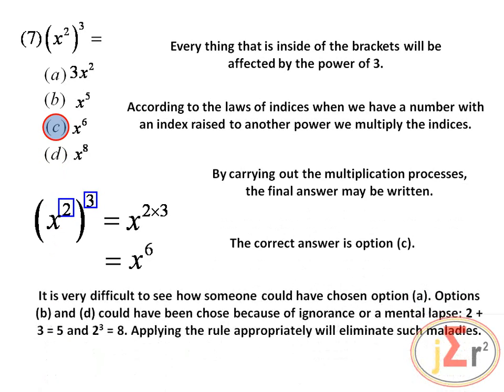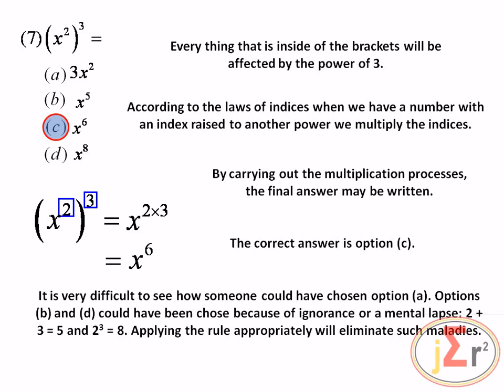It is very difficult to see how someone could have chosen option A. Options B and D could have been chosen because of ignorance or a mental lapse. 2 plus 3 is equal to 5, and 2 to the power of 3 is equal to 8.